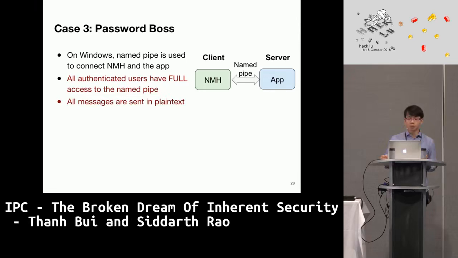The native messaging host simply connects to the named pipe as a client and forwards messages between the browser extension and the app. However, the app and the native messaging host don't authenticate each other, and all messages are sent in plain text. Because of these issues, we were able to perform a man-in-the-middle attack on Password Boss, and we could do it not only from an authenticated user, but also from guest users.